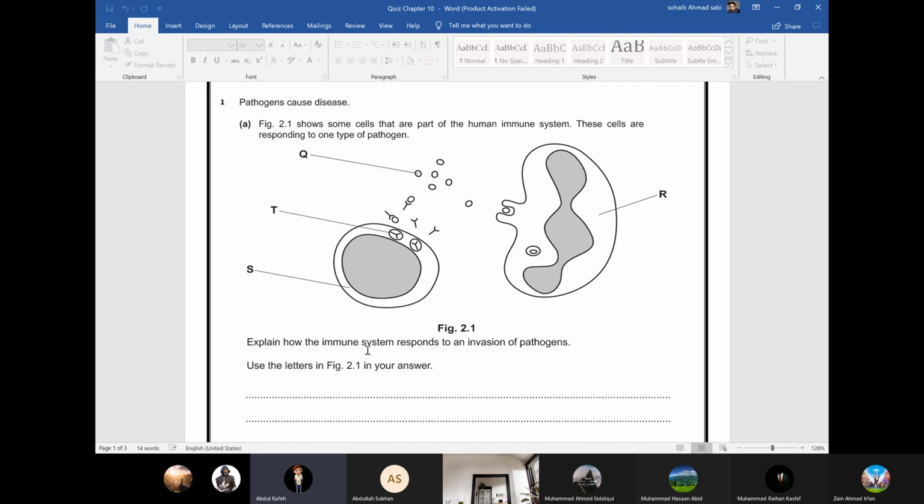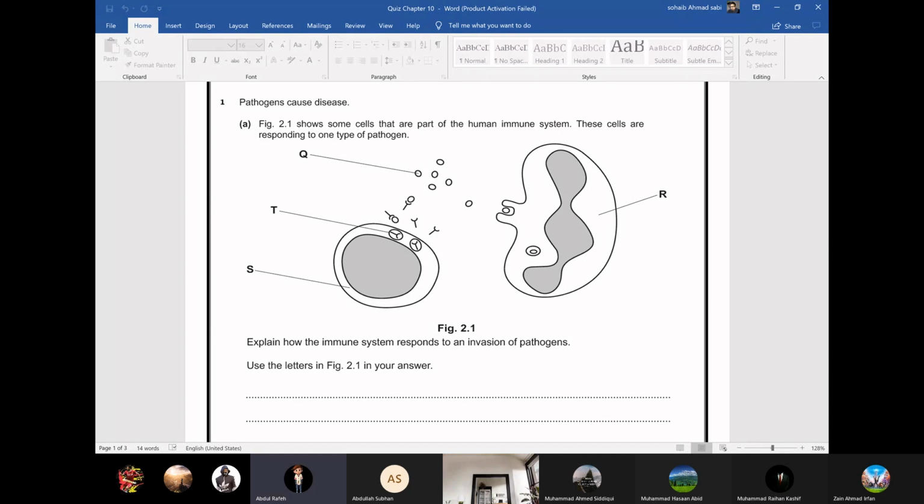No, how can you tell by looking at them? Sir, because R is eating a pathogen. Let's suppose if this part is not shown over here, eating the pathogen, then sir, the nucleus is, there is not a proper nucleus.